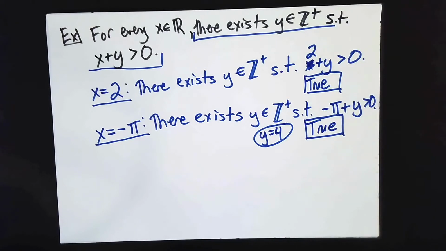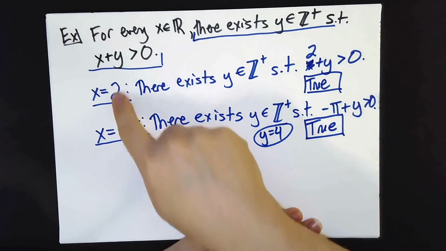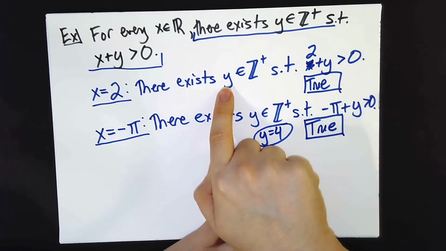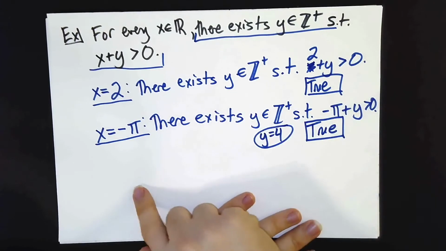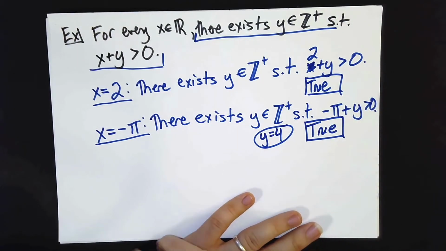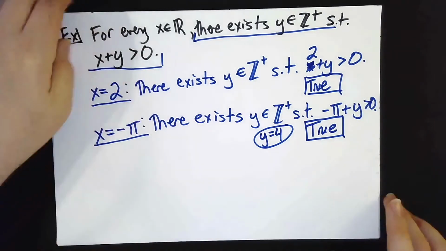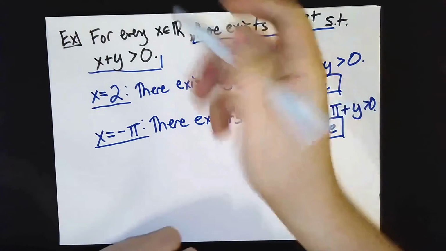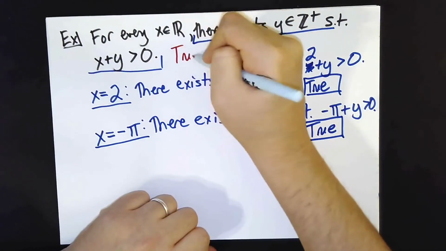In fact, I think you can convince yourself that no matter what x I put here, it's always going to be possible to uncover a y in the positive integers that makes this true. And certainly next week, we'll be able to write down a proof of that. But in fact, in this case, this original statement is true.